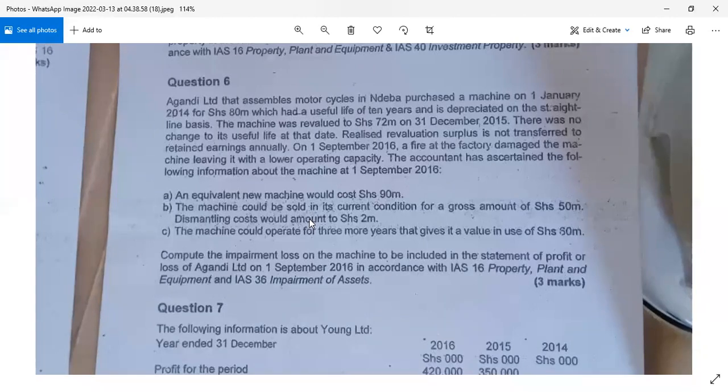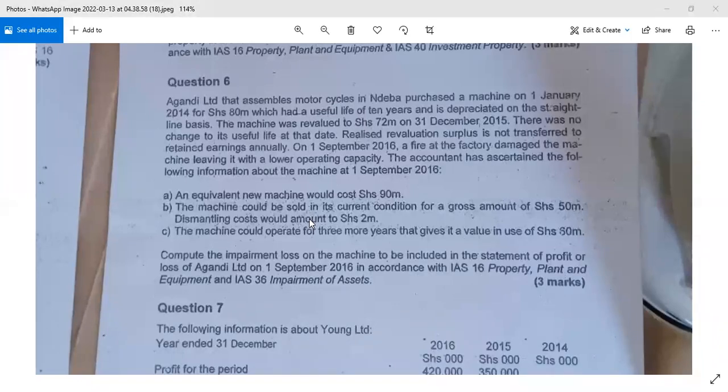Then part C, the machine would operate for 3 more years. That gives it a value in use of 60 million. So value in use, they already computed it for you in this case. It is easy. So they gave it to you. So in summary, fair value gross was 50 million.